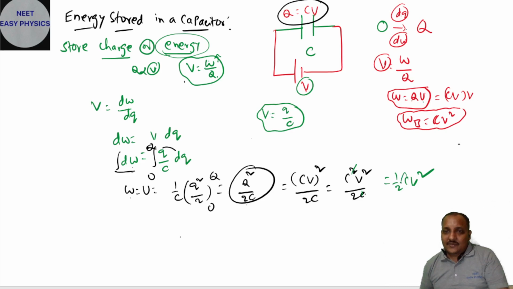Like that, if you eliminate C, from this we can write C is equal to Q by V. Putting Q by V in place of C, Q by V into V square, one V will be cancelled, then QV by 2. Now you can see the energy stored in the capacitor is half CV square, Q square by 2C, and another one is QV by 2.